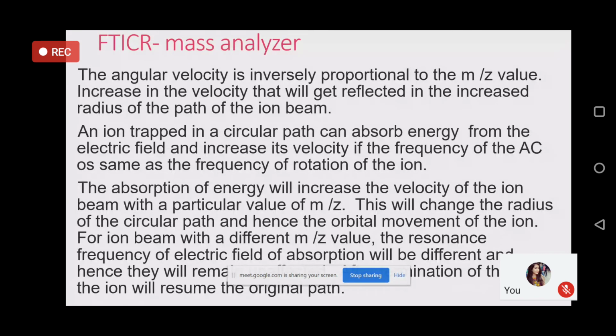And if you have an electric field applied to that at the same time, then the absorption of energy from the electric field will be possible if and only if the frequency of the oscillating or alternating current electric field is equal to the frequency of rotation of the ion. And what is the frequency of rotation of the ion? It will be its linear velocity divided by r. That is going to be the angular velocity, omega.